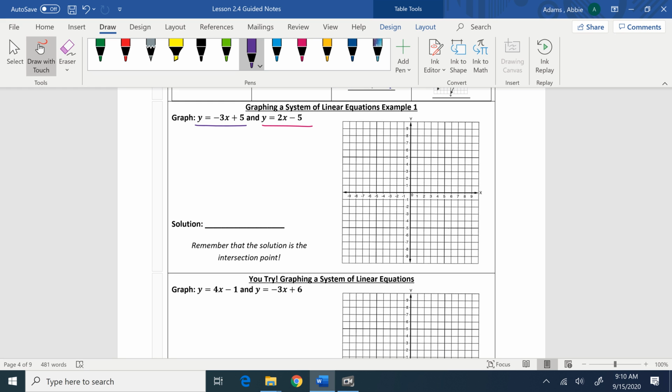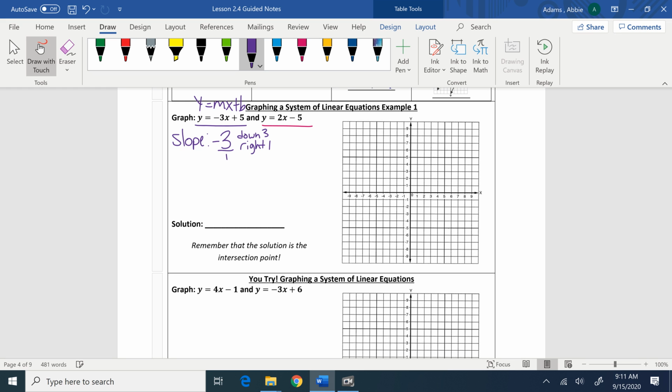Our first thing we need to define is our slope, or our AROC. I know that's going to be our m value because y equals mx plus b. So I have a slope of negative 3, which means I'm going to go down 3 and to the right 1.